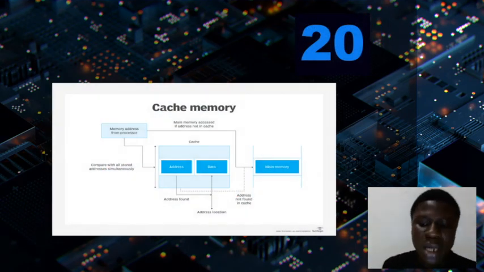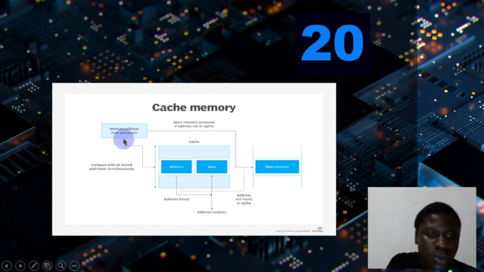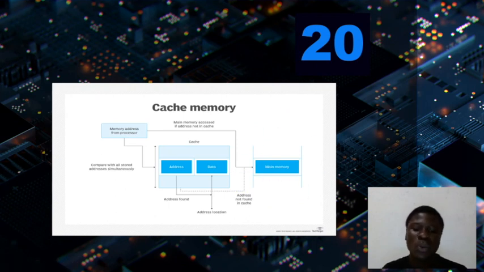Describing this diagram here. Okay, let's take this to be the CPU and this to be the cache memory, and this being our main memory, which is the slower main memory, which we normally call the RAM.